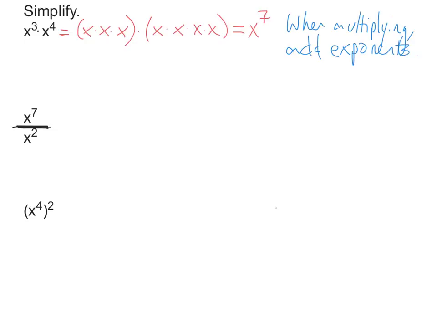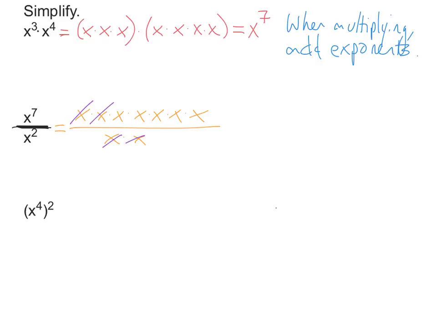Okay? In the second example, we have x to the 7th divided by x to the 2nd. So in the numerator, we have 7 x's multiplying together. 1, 2, 3, 4, 5, 6, 7. And in the denominator, we have just 2 x's multiplying together. And so if we go through here and we cancel with these on top and bottom, they divide out and we get 1.